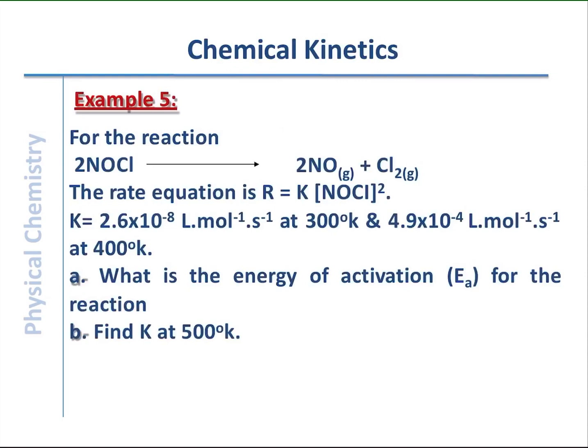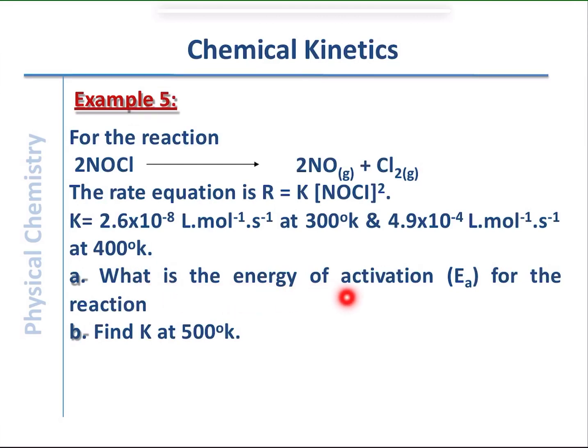Here is an example. You are asked to calculate the energy of activation of the reaction and find K at 500 Kelvin. You have K at a certain temperature, 300 Kelvin, and you have K at another temperature, T2, 400 Kelvin.